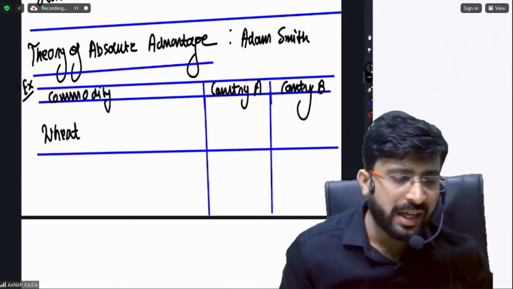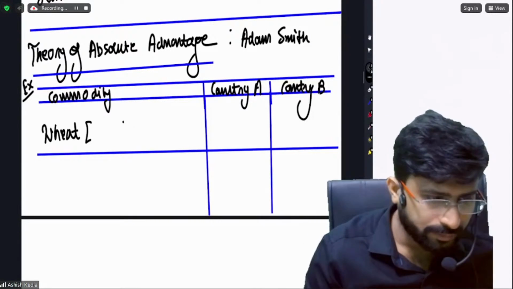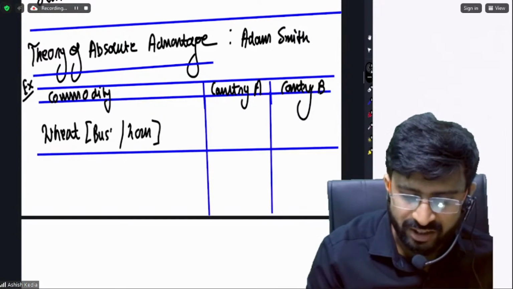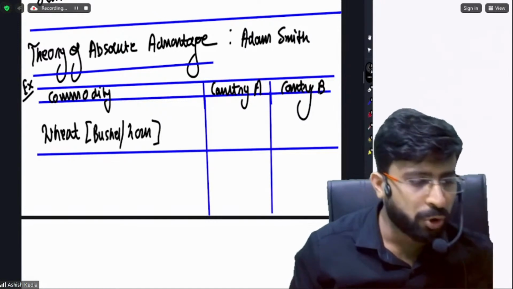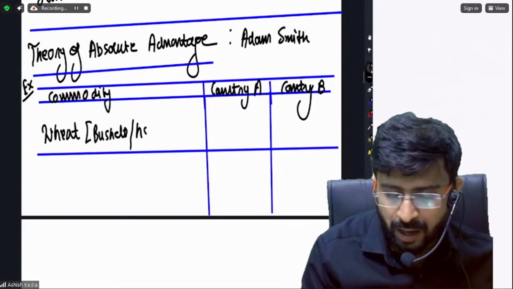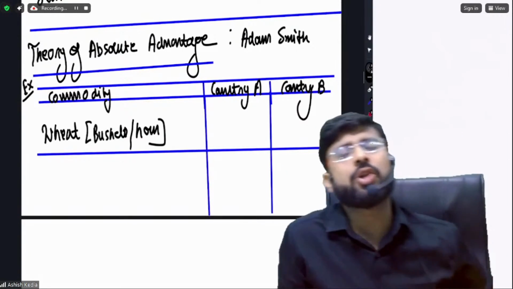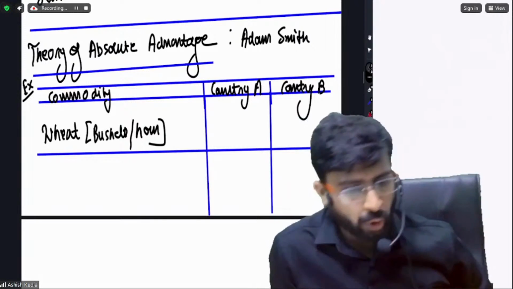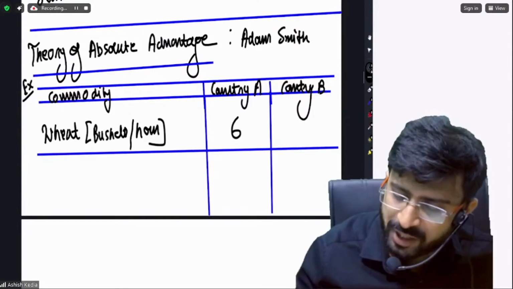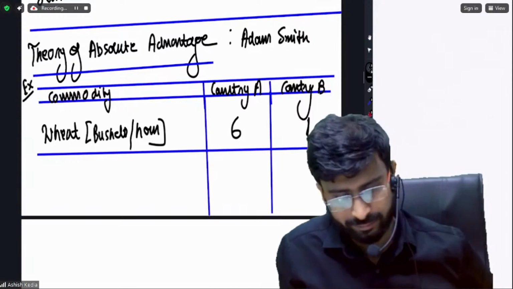Using labor, country A can produce wheat, measured in bushels per hour. Bushels per hour is a measuring unit for the quantity of wheat produced per hour. So country A can produce 6 bushels per hour, while country B can produce 1 bushel per hour.